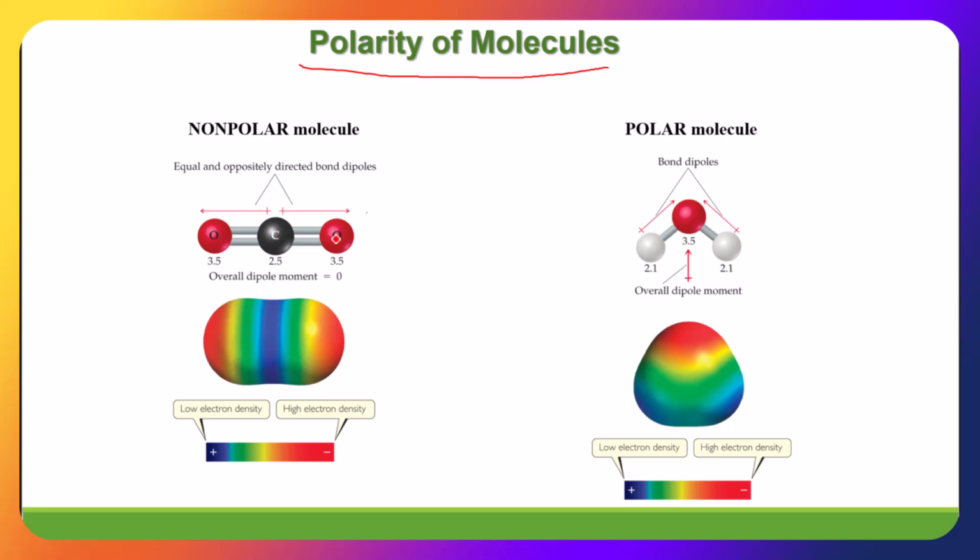Now, the carbon-oxygen bond is a polar bond. Oxygen has an electronegativity of 3.5, carbon 2.5. That is a sufficient difference in electronegativity to say this is a polar bond and this is a polar bond. But notice, you have two things around the central atom. Doesn't matter that it's a double bond.